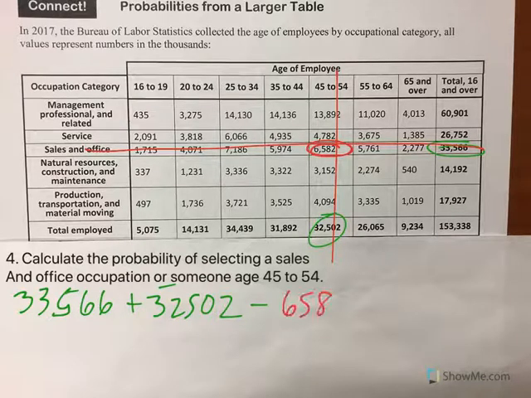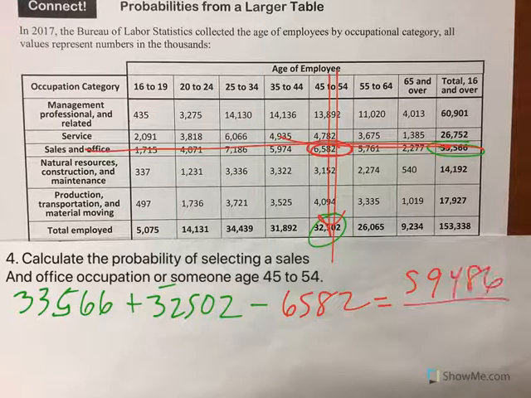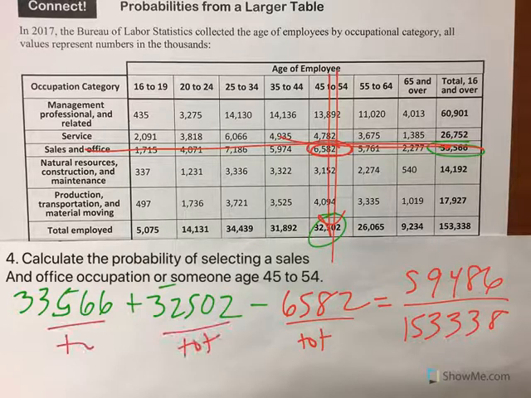So we're going to subtract the overlap because we counted them in both totals. So that gives me 59,486 over my total, because all of these are over the total. I was just a little bit lazy in writing them out. So that fraction becomes 0.388, which is 38.8%.